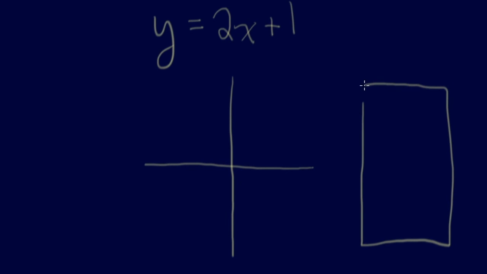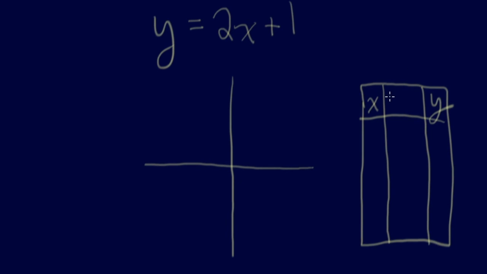So here's our table. And the idea for the table is to plug in some numbers for x, and then figure out what the y is. How does that sound?